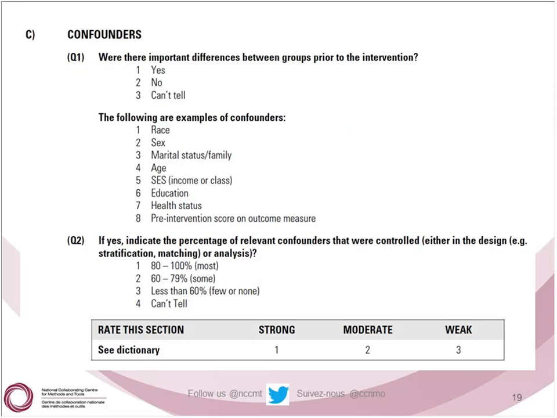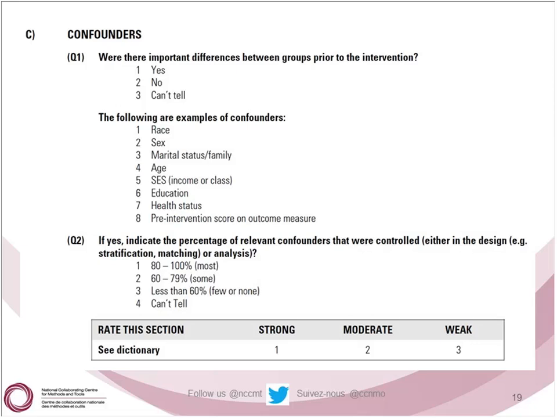Let's say age was really important, or gender was really important, or other types of characteristics. We want to know that the researchers have assessed whether or not there were important differences between the groups prior to implementing the intervention. And we also want to know that they've assessed what those important confounders were.